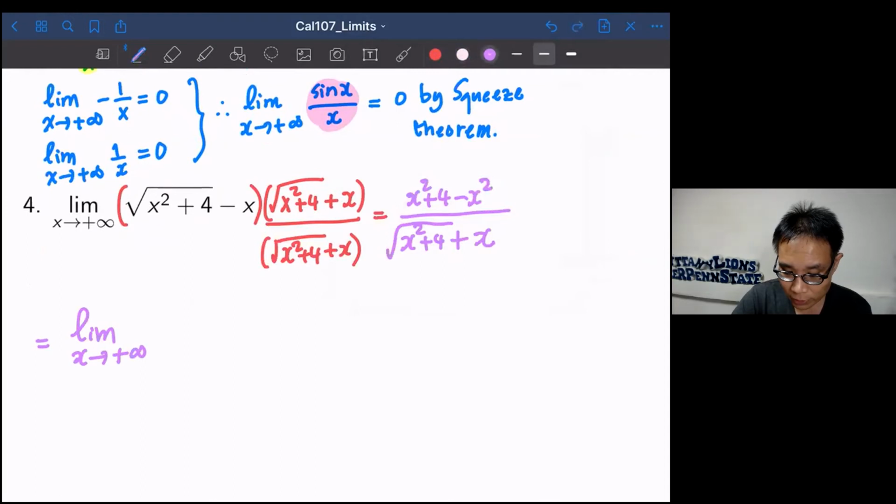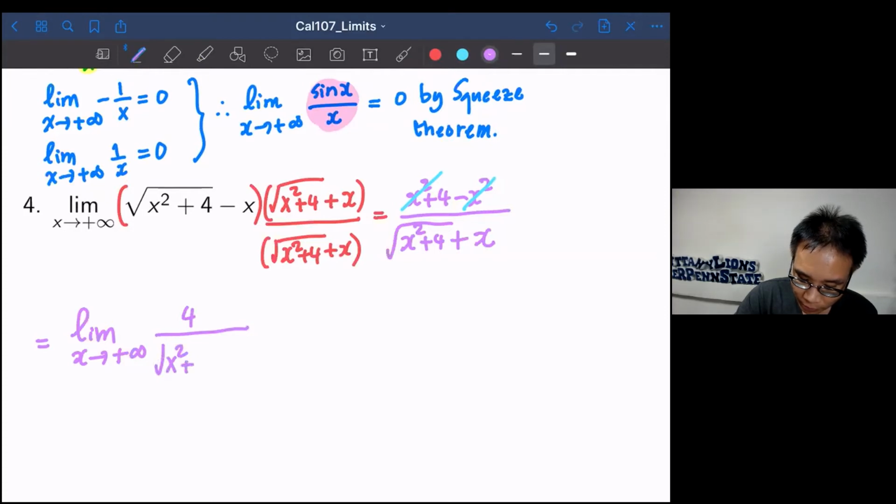Let me say it again: x squared and negative x squared cancel. So it's going to be 4 over the square root of x squared plus 4, plus x, with x going to infinity.